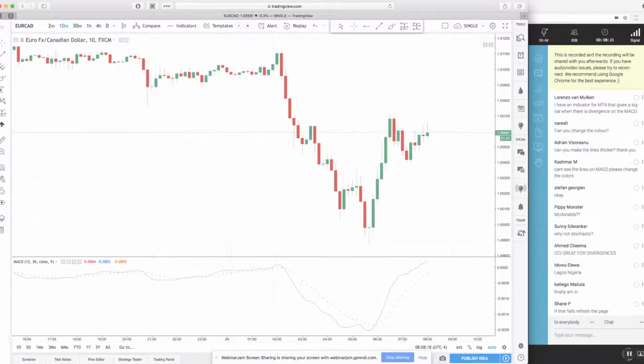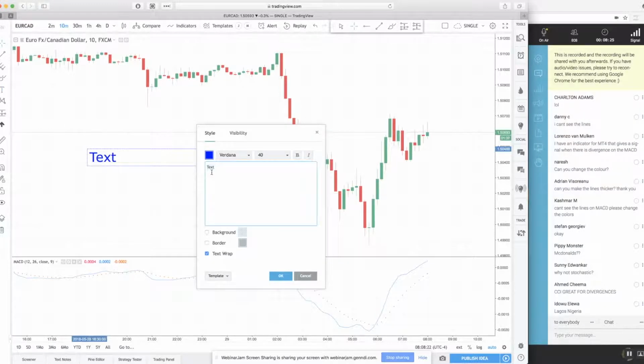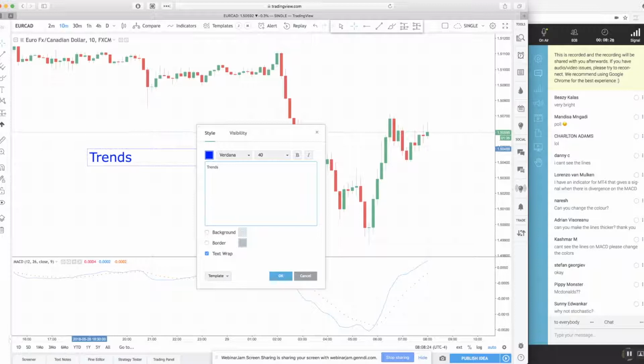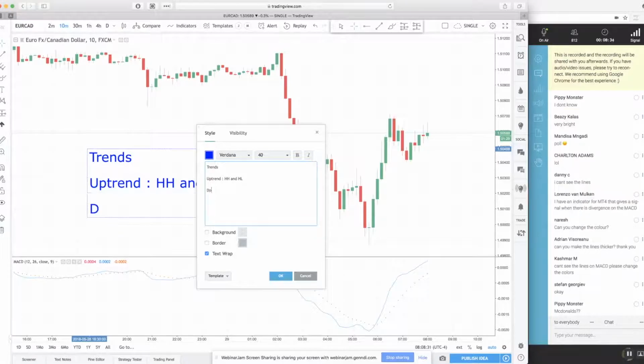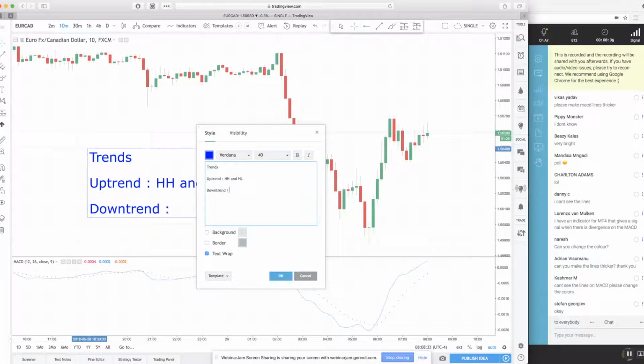Now, in the markets, you generally want to work with a few things. You want to work with trends, and trends give you two things. In an uptrend, you have higher highs and higher lows. In a downtrend, you have lower highs and lower lows. Okay, now what does that mean?